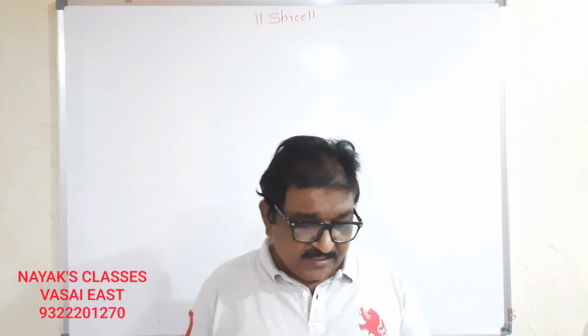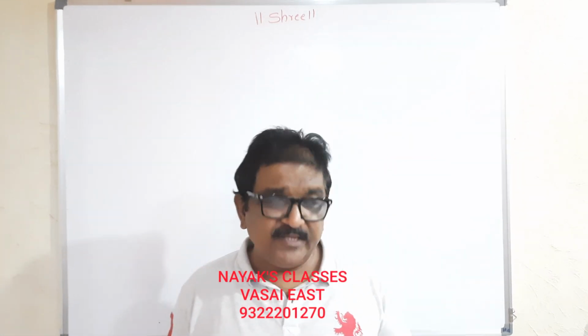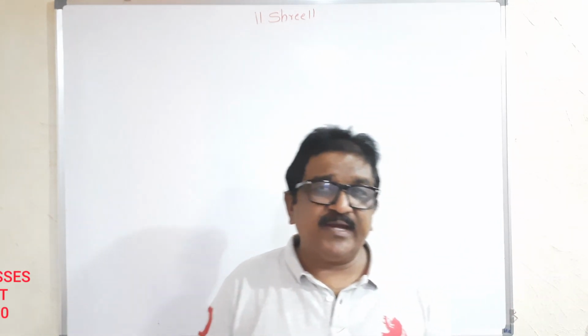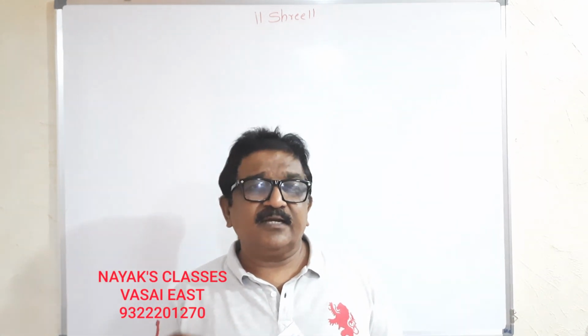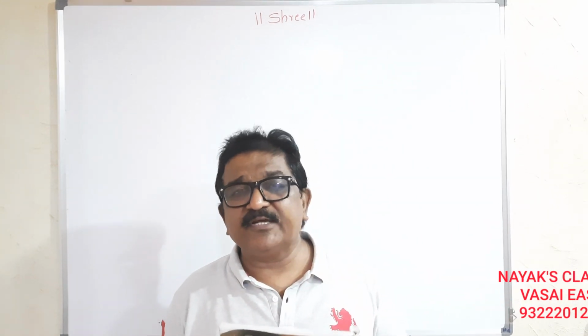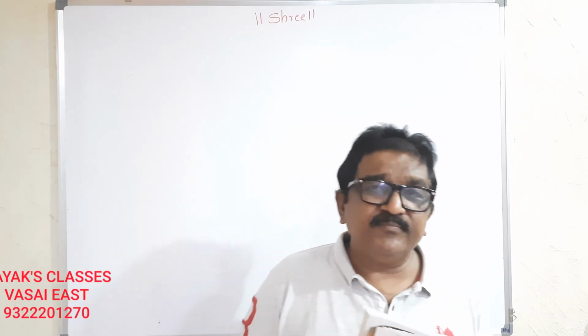So we are starting Mendeleev's periodic table. He took a great jump, really great jump, and he was the first man. He did around 85 to 90% of the work of the classification of elements.